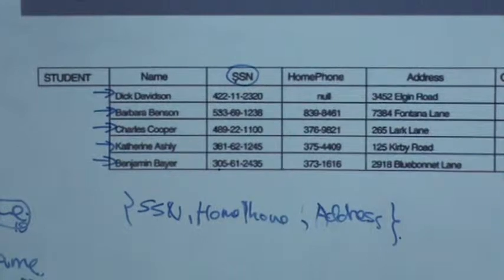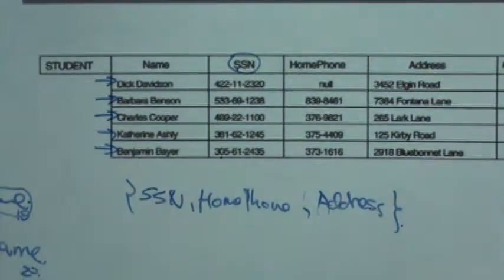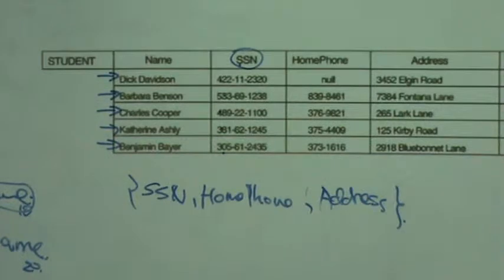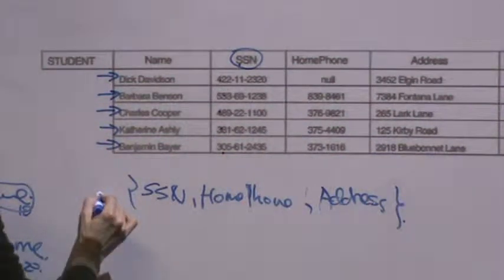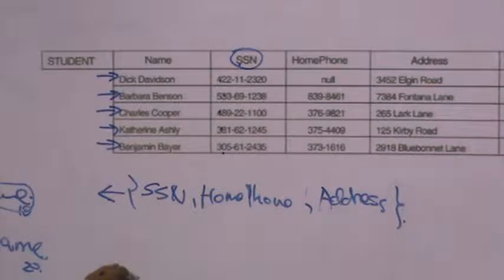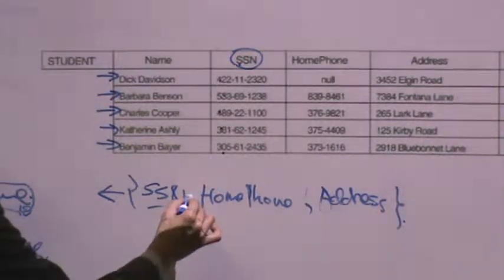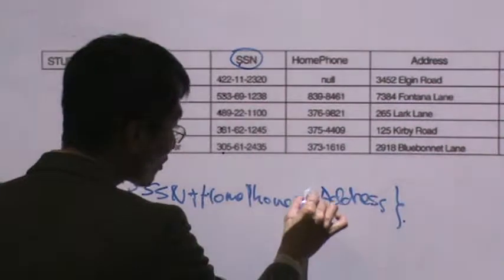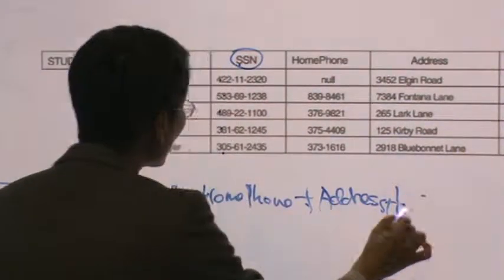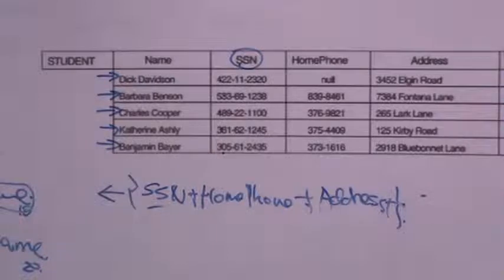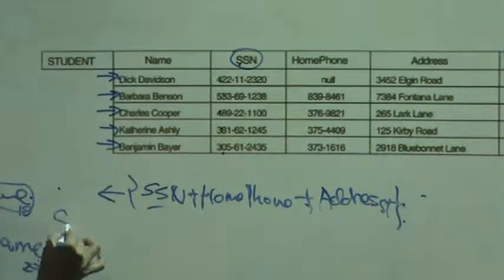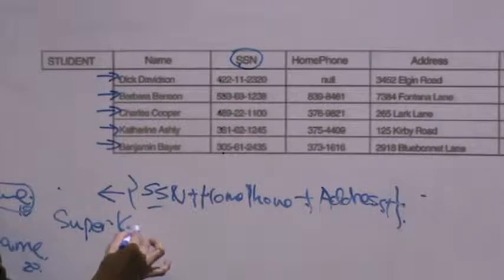There are many combinations to identify the specific data. How many such keys? Social security number plus home phone number, plus address, plus office number. You can make as many as possible. It might be a finite number, but you can make many combinations of attributes to identify the data. That is called a super key.